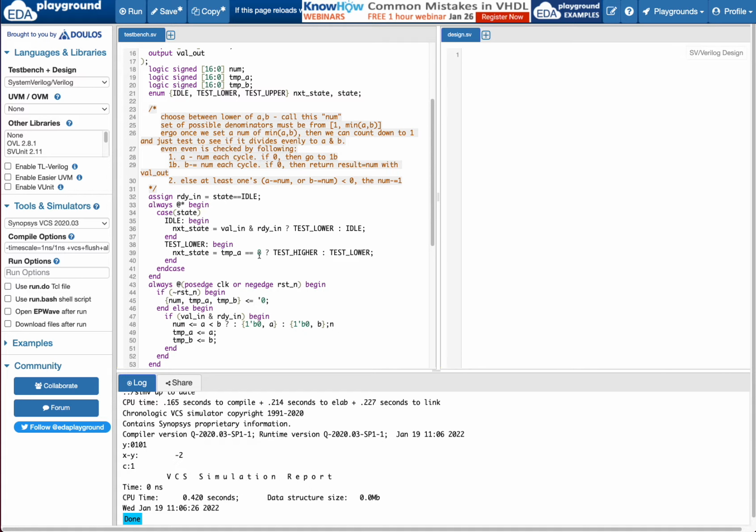So for example, if it divides evenly, we'll test higher, and then we'll keep this test lower state in test lower, where if temp A is less than 0, we're still in test lower, but we'll just do num equals num minus 1. So that's okay.